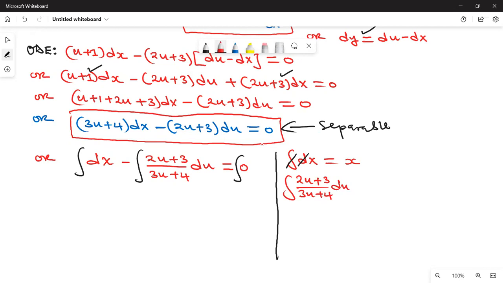And why are we using long division? It is because in this case, the degree of the polynomial in the numerator is the same as the degree of the polynomial in the denominator. So you're going to say that you're using long division.